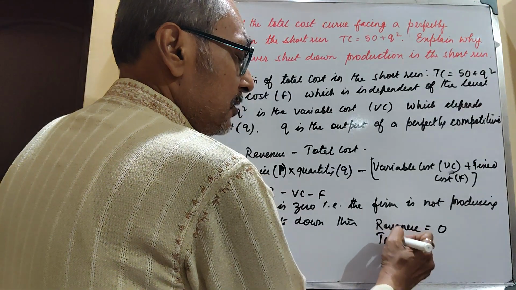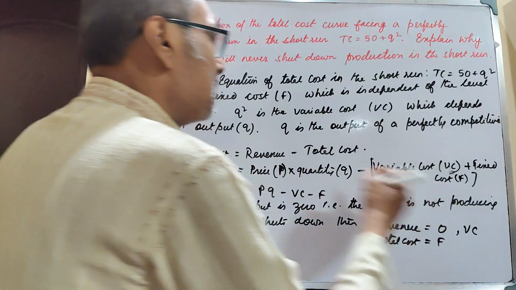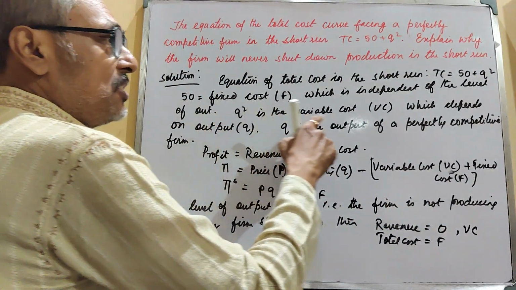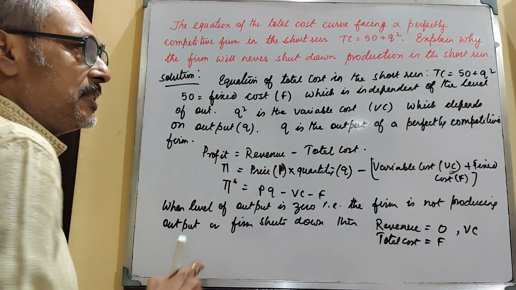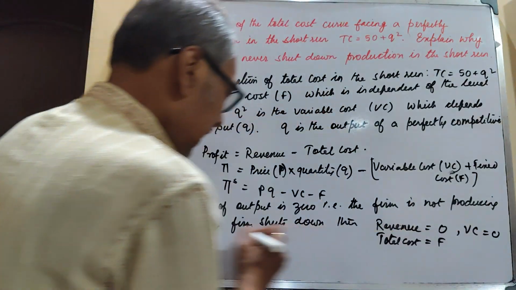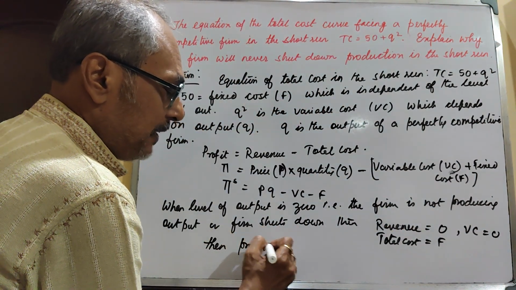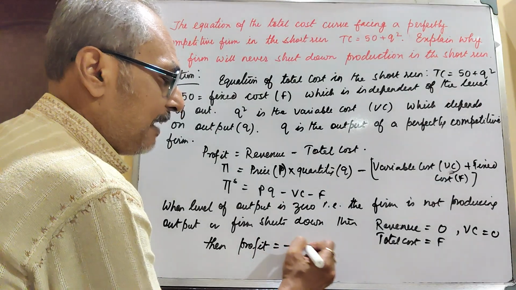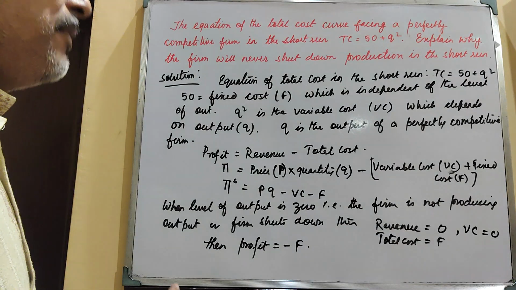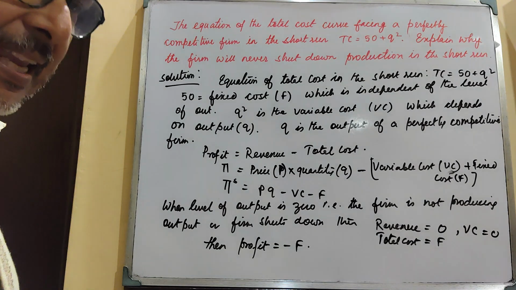Total cost equals F, and VC depends on the level of output produced, therefore VC is also 0. Then profit equals minus F. When the firm is not producing any output, the profit is minus F.